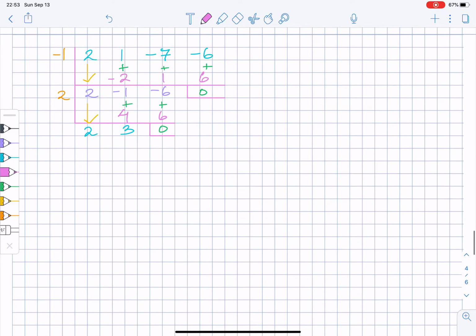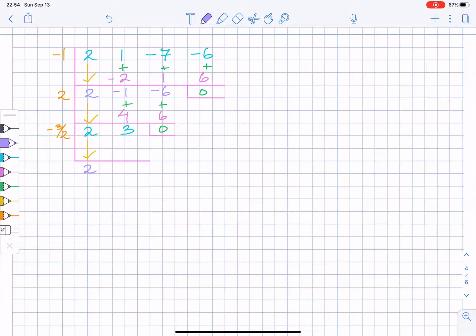So let's show that that's true. Let's do negative 3/2 on the outside. So that means, actually, let me give myself more room here. First step is to drop down the 2. And remember, we divide first.